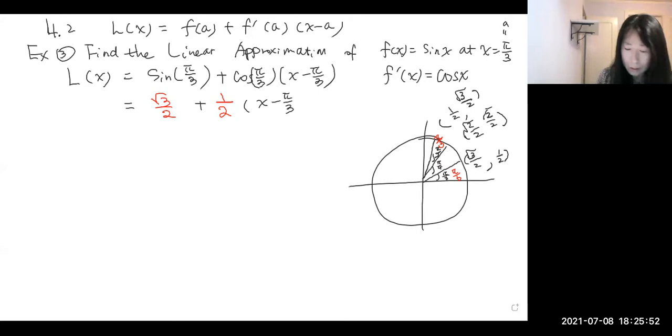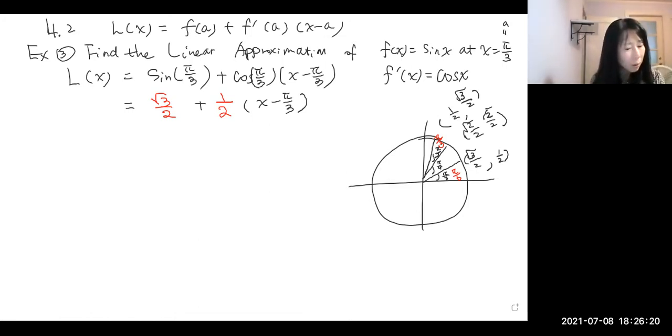Okay, then let us approximate. What do they want? They want us to approximate sine 62 degrees, but we did it at pi over 3.